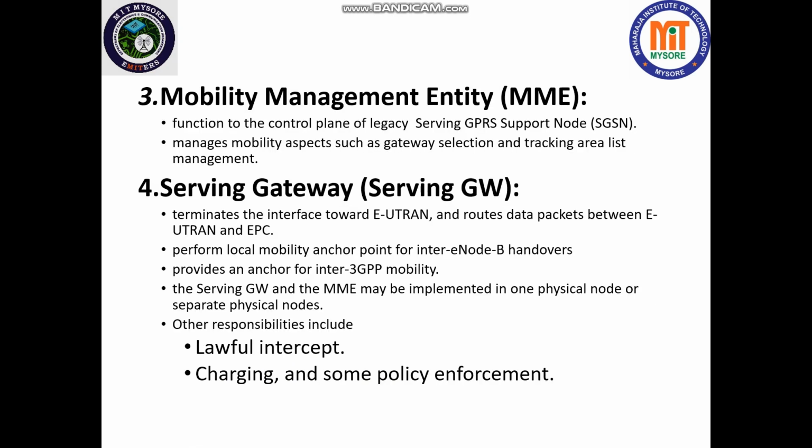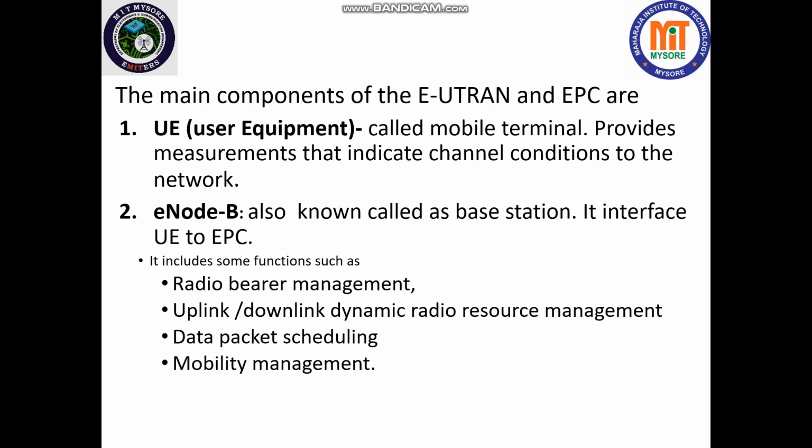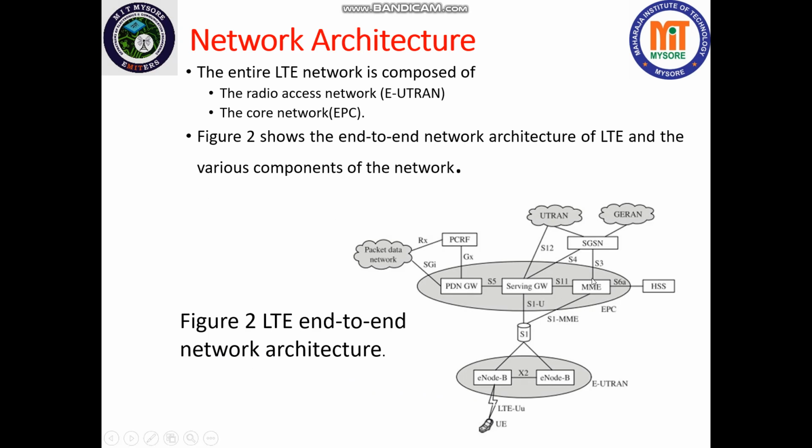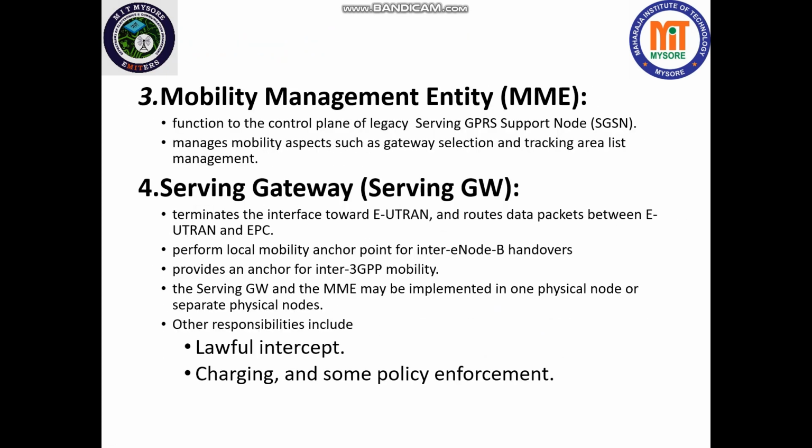Next is mobility management entity. You can see over here the mobility management entity. It is interfaced to serving gateway through connection S11 and S1 MME to this S1 node. We'll look what is S1 node later, but what are the functions of MME we'll check first.